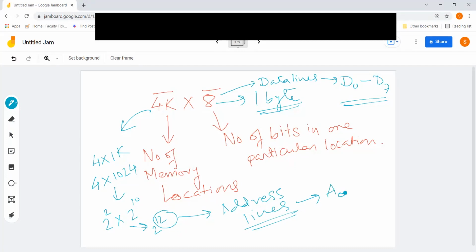So we are going to connect A0 to A11, because we need 12 address lines. Now, what is going to happen to the rest? How many address lines are left for us? A12 to A19. All these are going to be connected in some way or the other to the chip select.